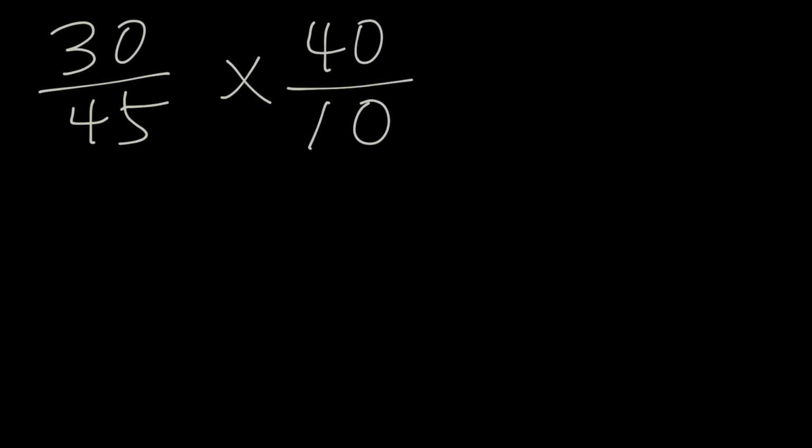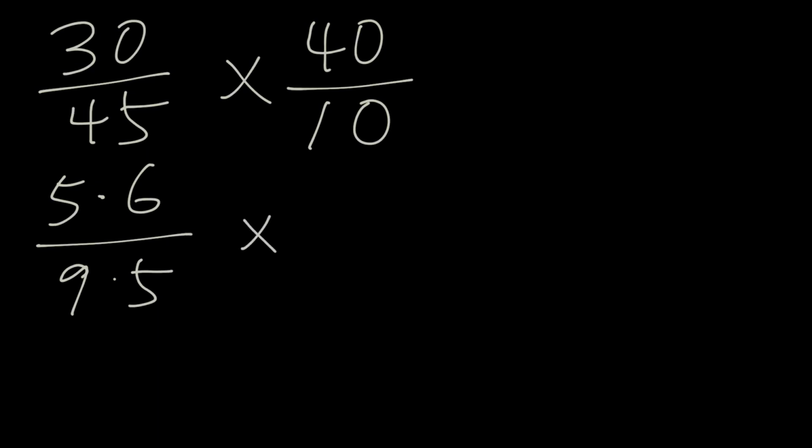In this example, 30 could be 5 times 6. And 45 could be 9 times 5. And 40 is equal to 8 times 5. And 10 will be 5 times 2.